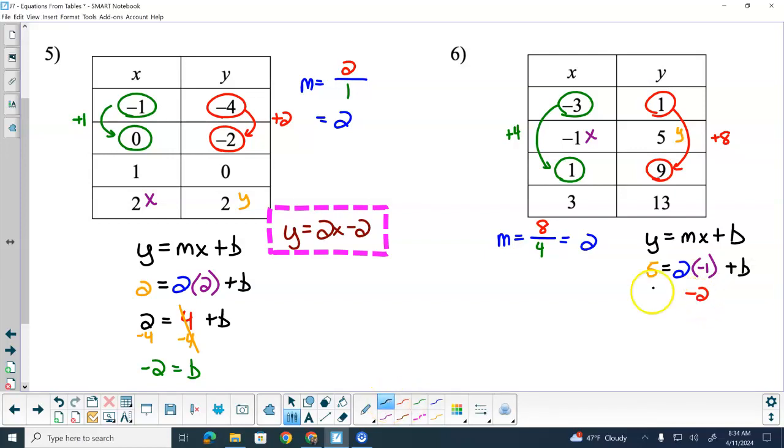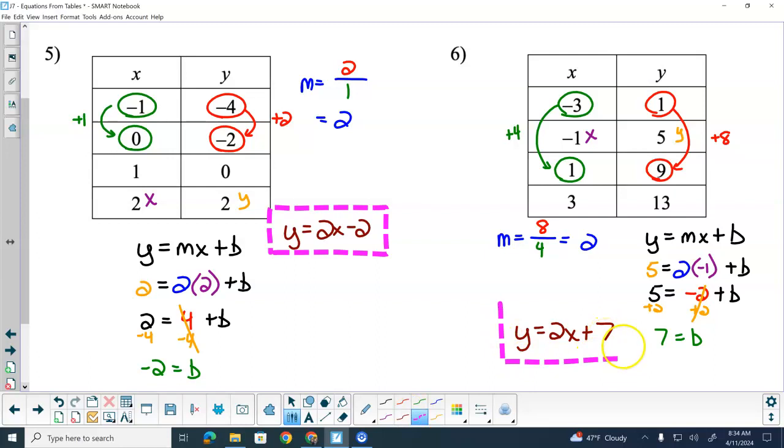That gives me 5 equals negative 2 plus b. Add 2 to both sides. That gives me 7 equals b. So my y equals mx plus b would then be y equals 2x plus 7, which I saw on multiple papers. Yes? Questions, comments, concerns, clarifications on that one?